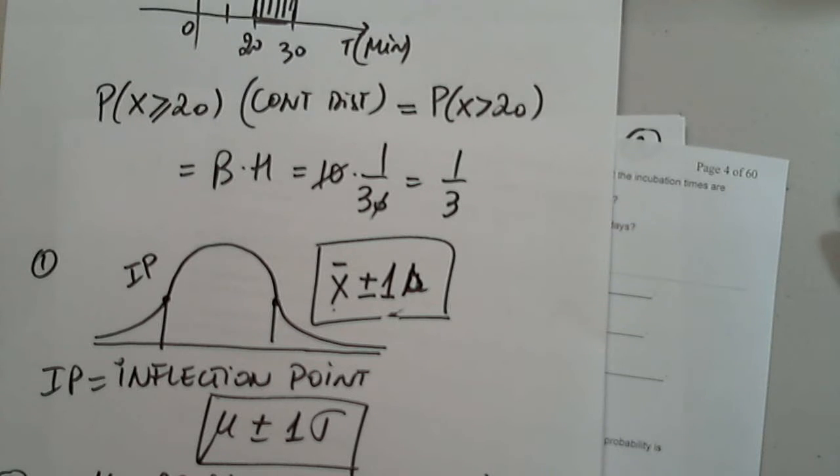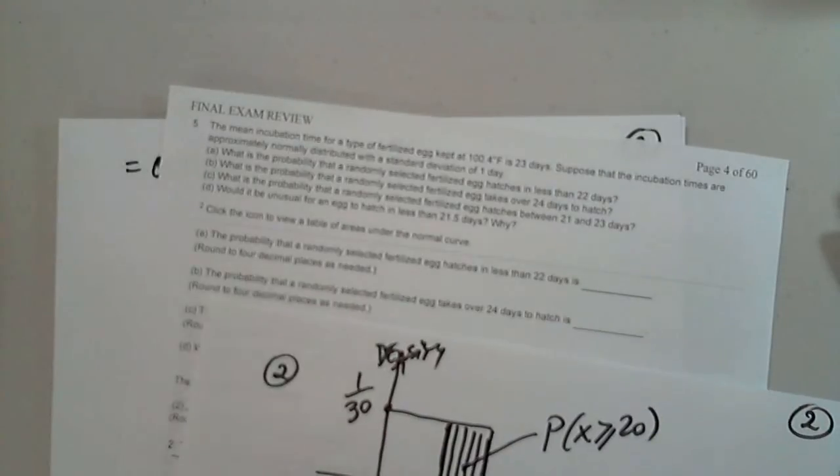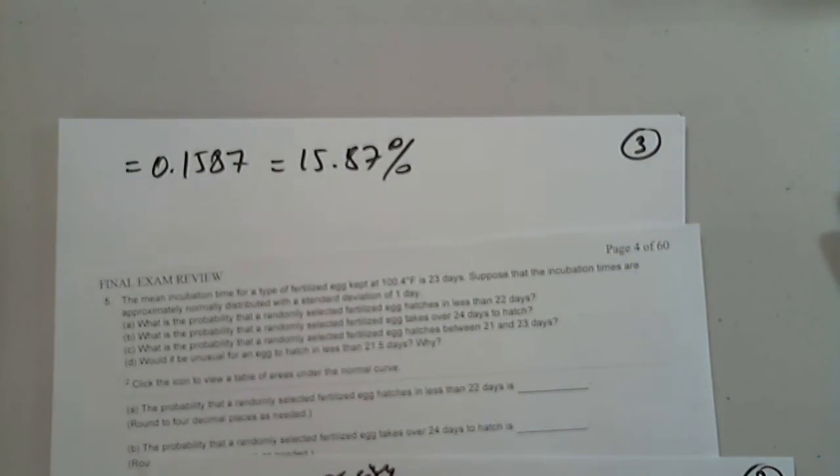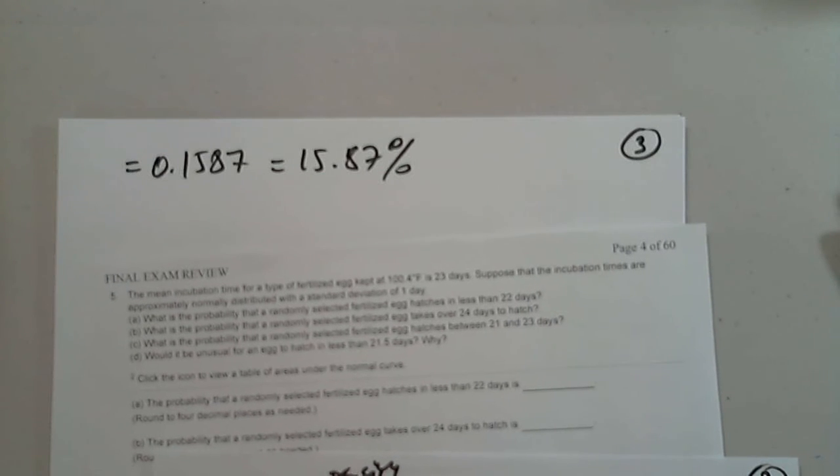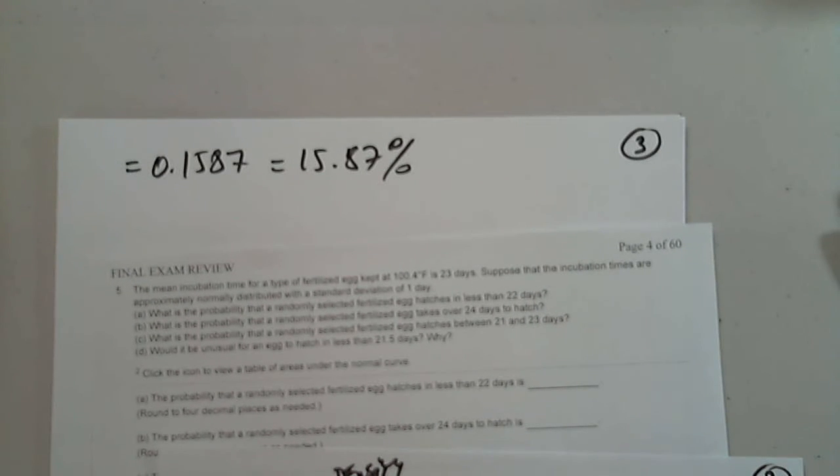And the standard deviation is 1. And we want less than, yes, we do want less than. And we want 22. And compute. And we have to get the exact same number. What did we get with 15.87? 0.1586, 0.1587.